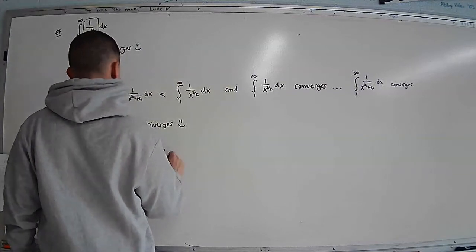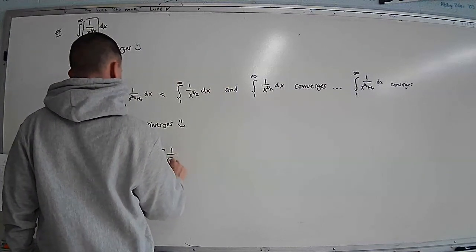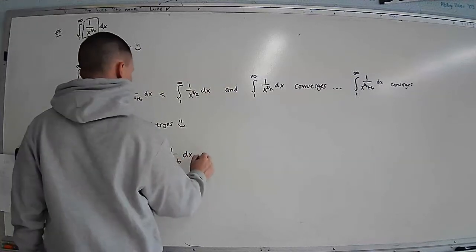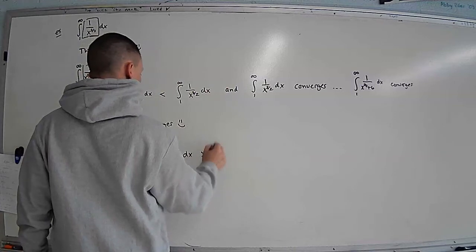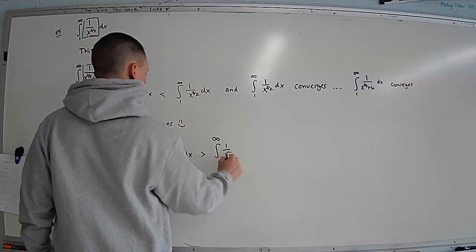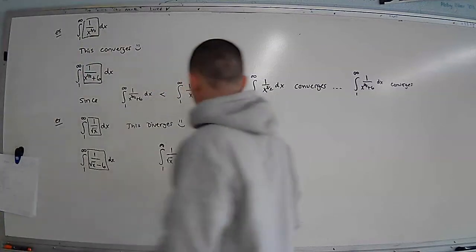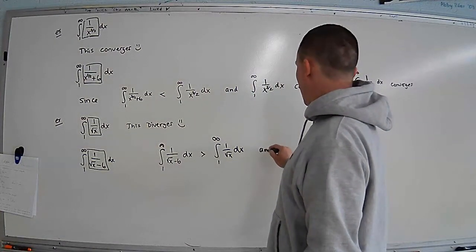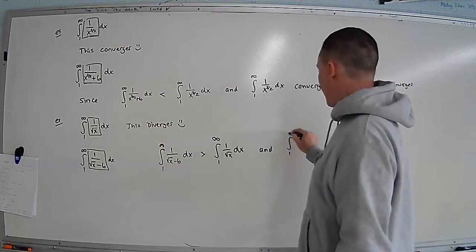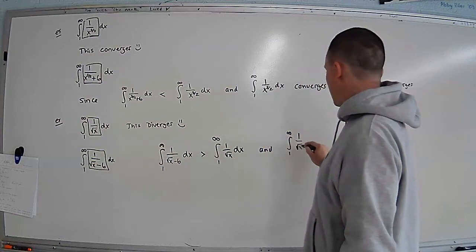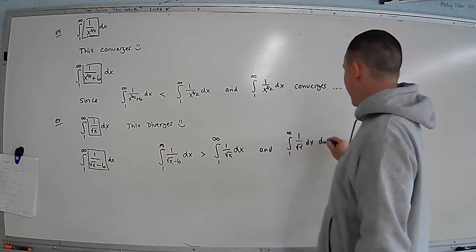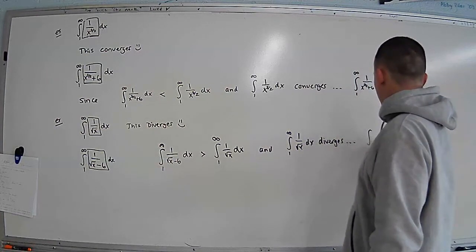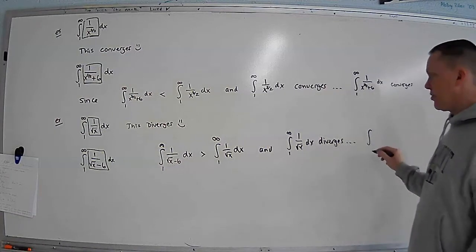Since the integral of 1 over the square root of x minus 6 from 1 to infinity is greater than the integral of 1 over the square root of x, and 1 over the square root of x diverges, this other guy diverges as well.